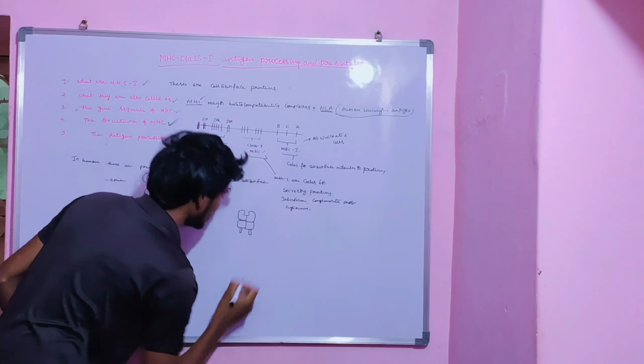Okay, alpha 1, alpha 2. This is the variable region of the MHC molecule. It carries specific peptide fragments or amino acids from antigens which have already entered. Okay, it carries all those antigenic substances to the particular cytotoxic T cells for further clearance.